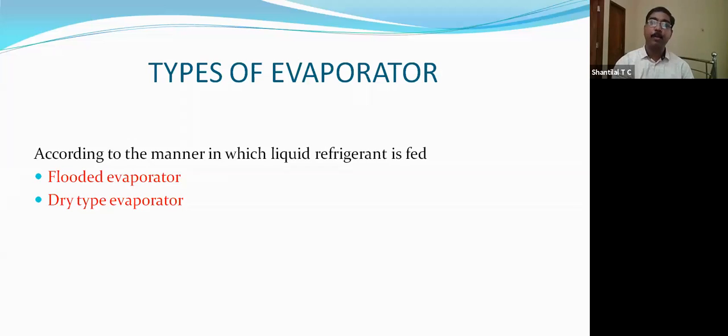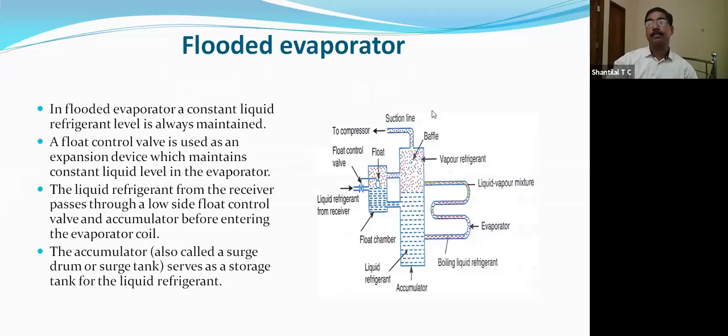In that round tube, flooded means the tube coil is filled full of liquid, 100% liquid will be there. In dry type, about 1/4 portion of the tube coil has liquid. That's why we call it dry type evaporator. So this is the model of the flooded type evaporator.